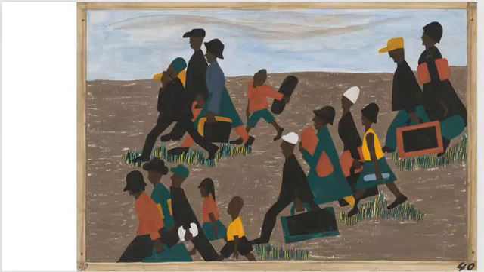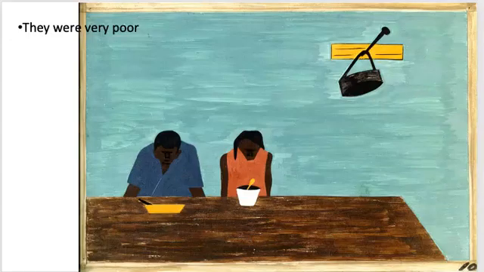Here again, there's also very little individuality in the figures. They're so simplified. He's really telling us the collective African American experience, and it's highlighted because there's very little individuality in these figures.